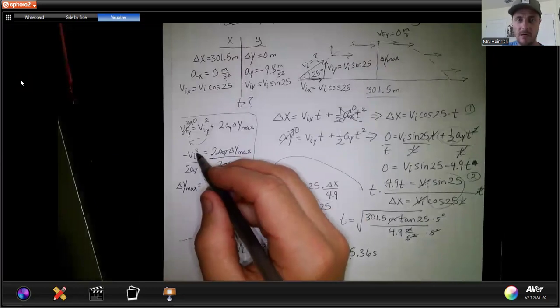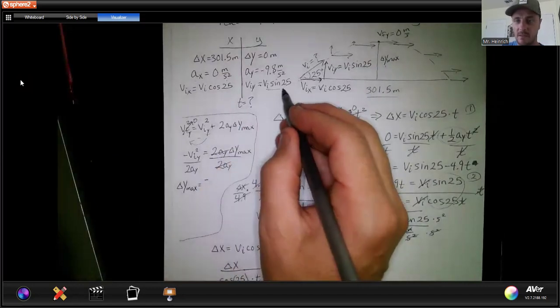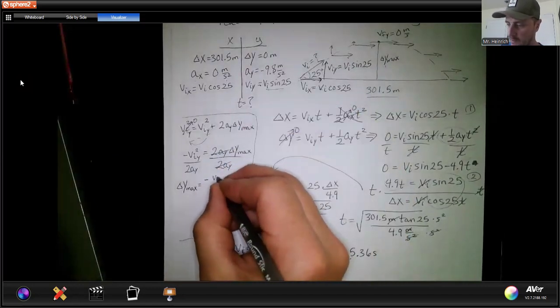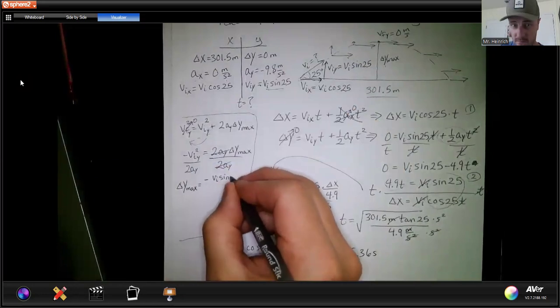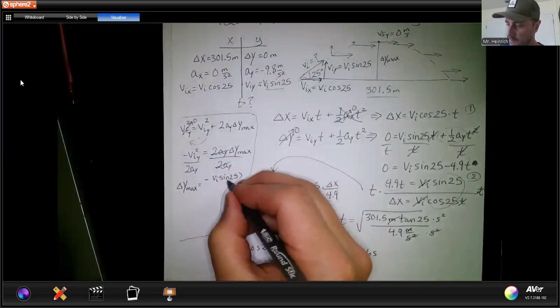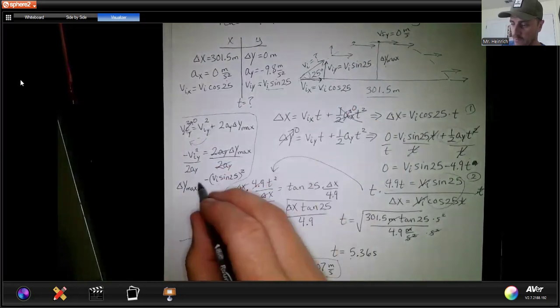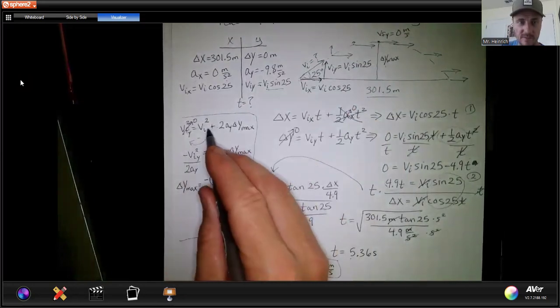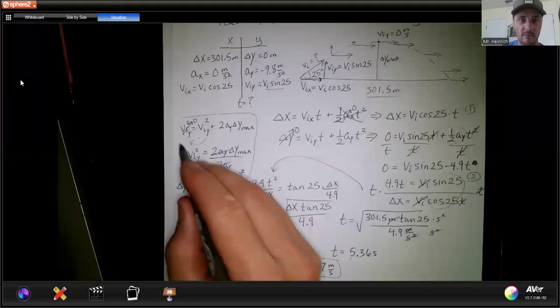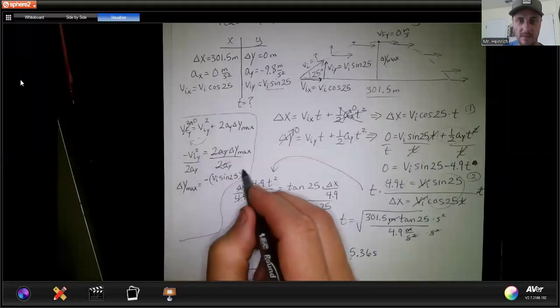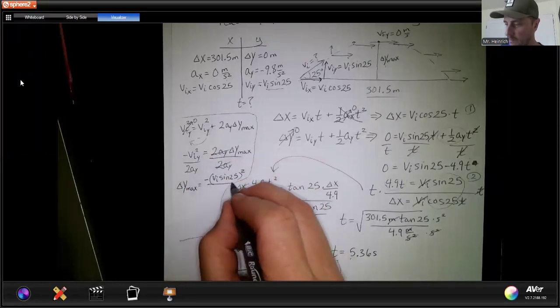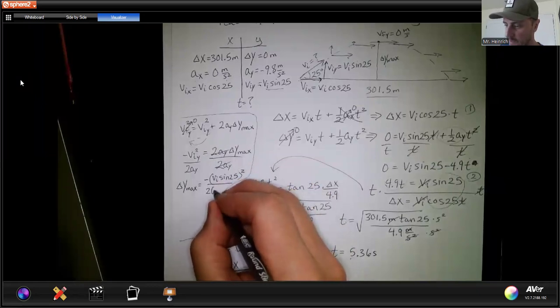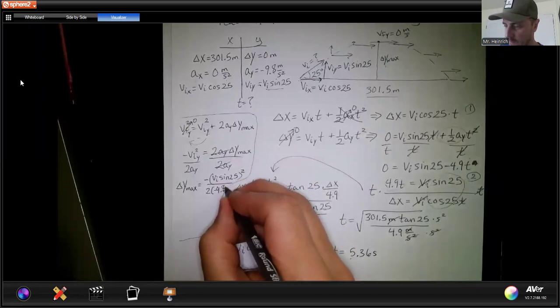Now we know VIY is this right here. So I'll say VI sine 25, that squared. Now notice we're not squaring this negative. That came from us subtracting this term over, right? So it's just VIY that's being squared, divided by 2 times negative 9.8 meters per, oh, look at that.